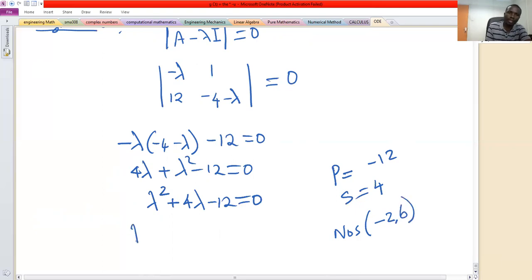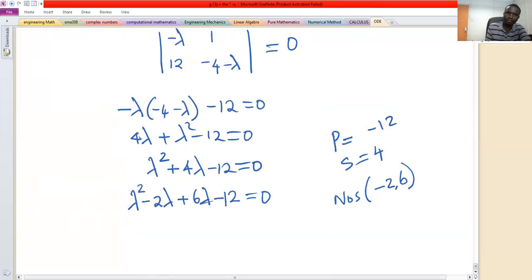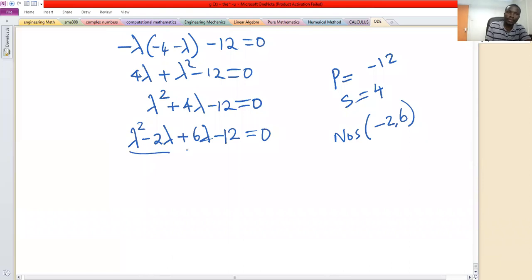So this will be written as lambda squared minus 2 lambda plus 6 lambda minus 12 equals 0. So we do the pairing: lambda into lambda minus 2, plus 6 into lambda minus 2, equals 0.